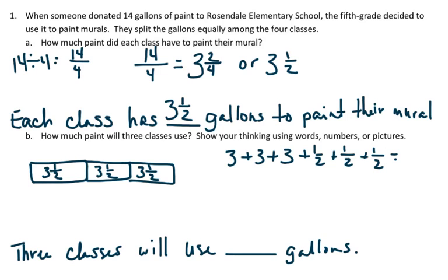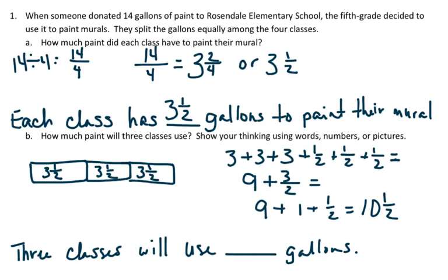And this can easily be added. I have 9 for adding the whole numbers and 3 halves. And that would be 9 plus 1 plus 1/2, which is equal to 10 and 1/2. So the 3 classes will use 10.5 gallons.